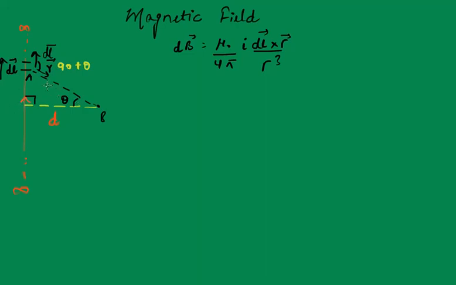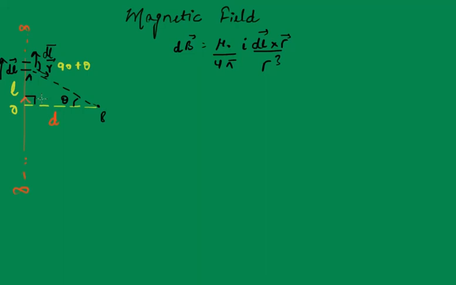So r vector is this, which is AB vector. What is the magnitude of AB vector? If we take this triangle, let's call this point O, AOB. We know that this point is at a distance of d from the wire, and what is OA? Since we have taken this element dl, let's assume that this element dl is at a distance l from the point O, right?